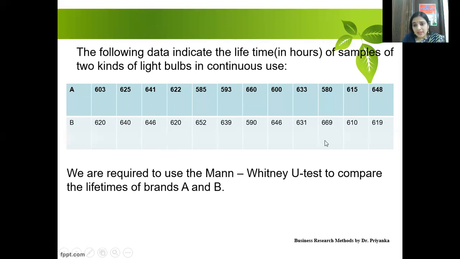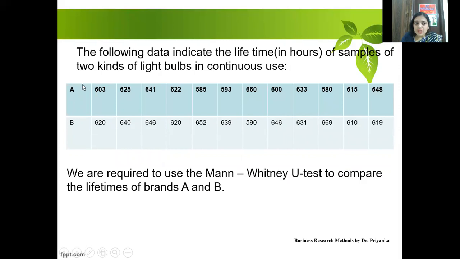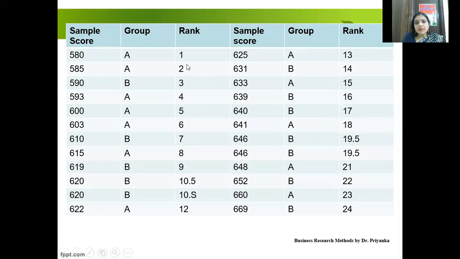For example, the shortest life here is 580, then 585, then 590, then 593, then 600, like this. And we'll assign the group here, checking whether the value was from group A or group B, and then we'll rank all these sample scores.